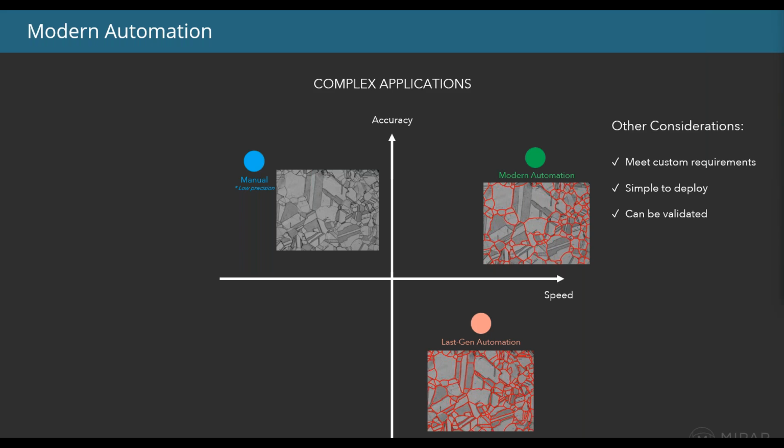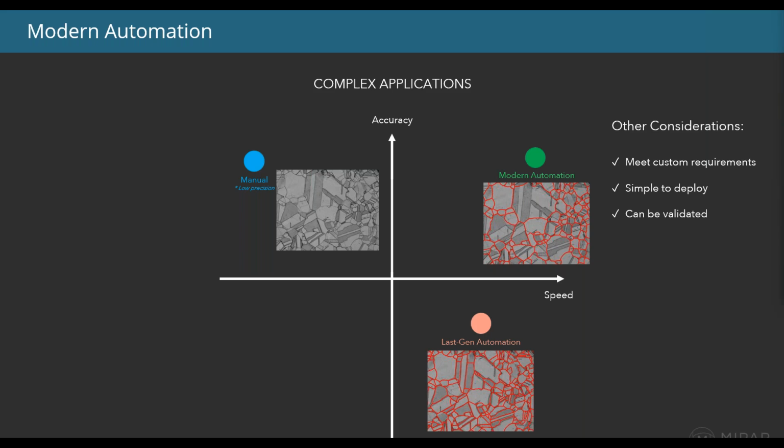In addition, they want the solutions to be simple to deploy. So once the algorithm is buttoned up, as few clicks as possible to get your analysis out. And of course, they need to be able to be validated. So we need to have some methodology and experience in validating what the automated solutions produce.